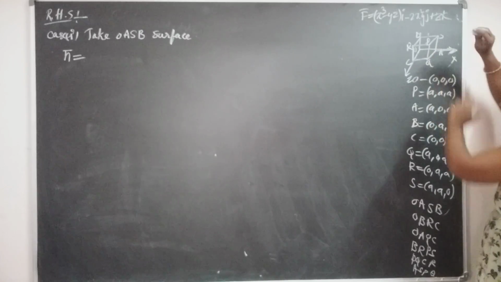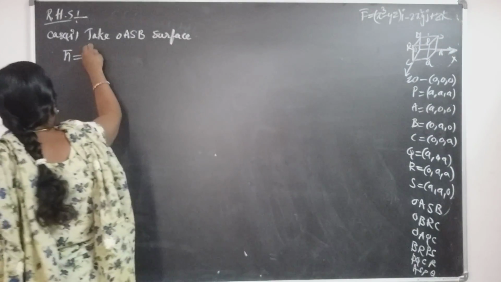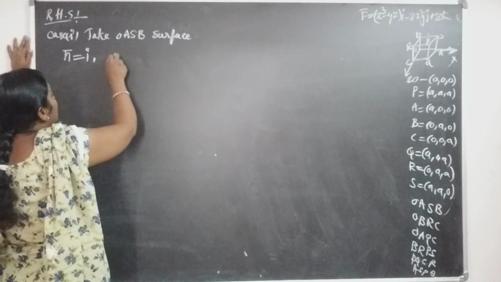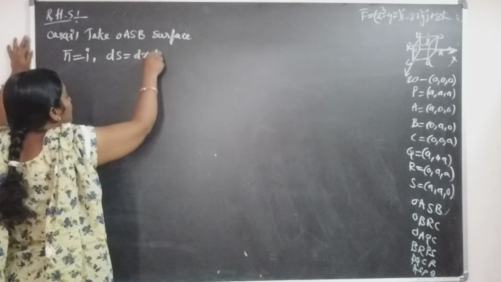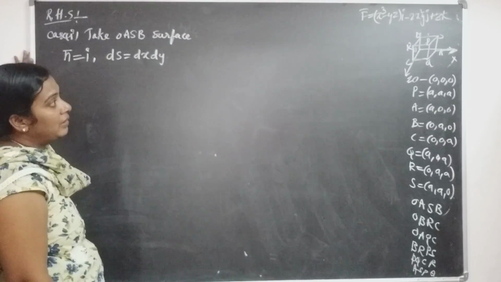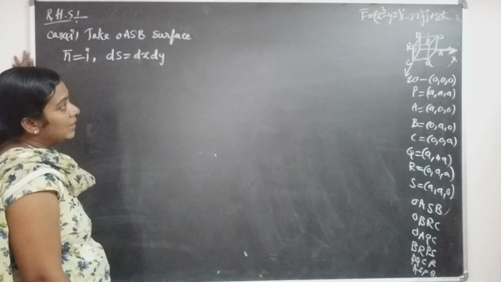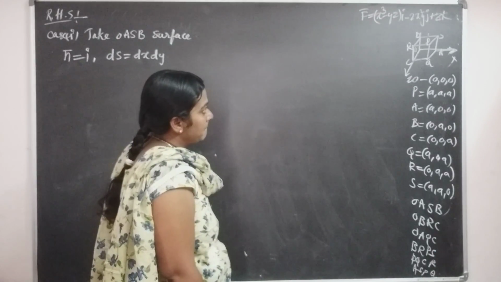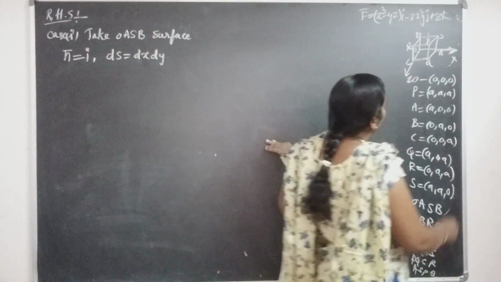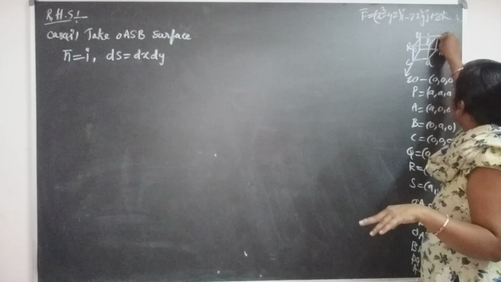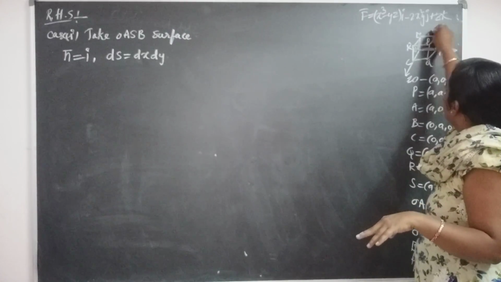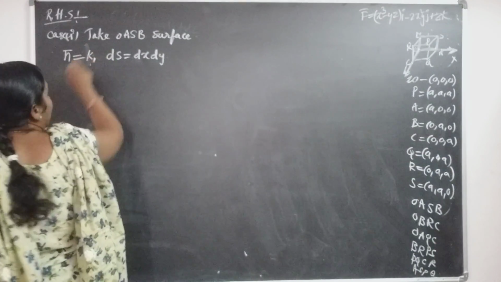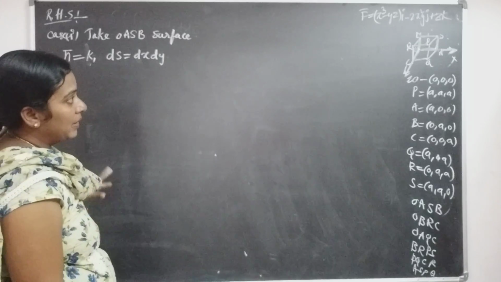OASB is in the xy plane, so the outward normal vector is along the z-axis, which means n bar is equal to k, but it is minus k.